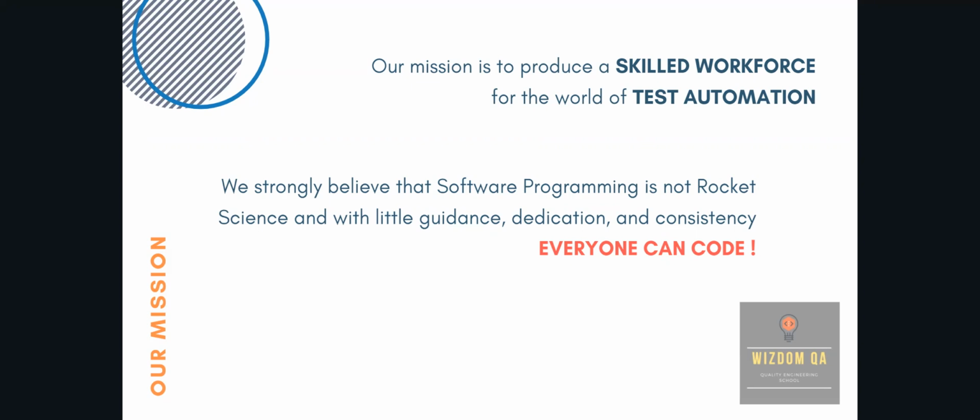But the point is that we are right now in the world of automation. Everything is happening with automation, not just automation testing, but automation in general. So doing things manually will not take you further. If you ask me, I'm a technical person, and I tend to stick with the technical domain.